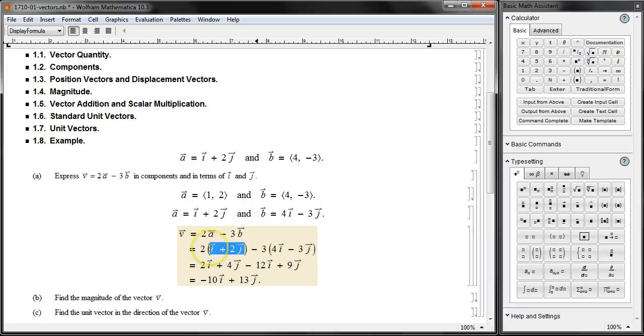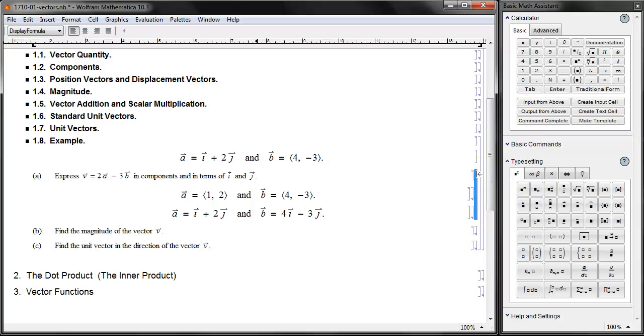This is a, isn't it? i plus 2j, and that's b, 4i minus 3j. And then we simply distribute coefficients and then take those like terms together, just like intermediate algebra, except for those vector arrow symbols. And then put those like terms together, and what do you get? Negative 10i plus 13j. Of course, the same as before.